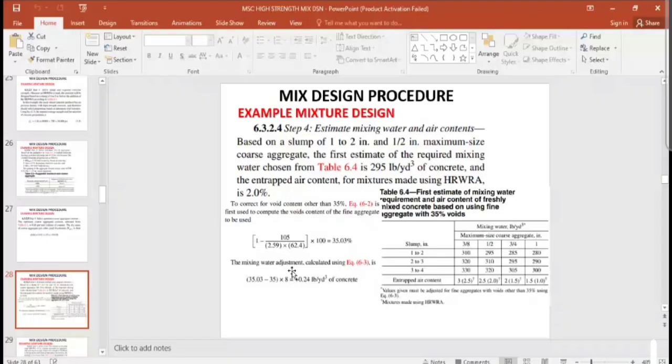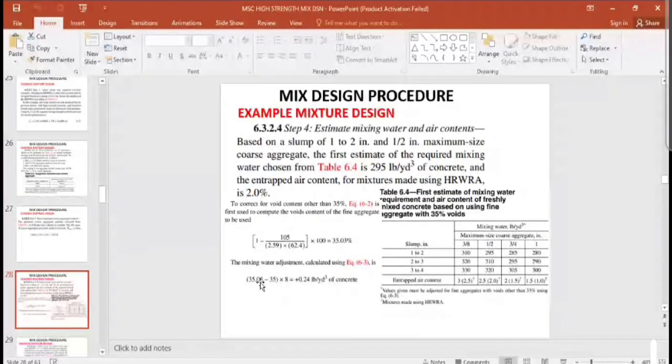This is the bulk density of the fine aggregate divided by its specific weight, into 100. We'll find out that it is 35.03%. So it is not exactly 35. It is greater than 35 by 0.03.